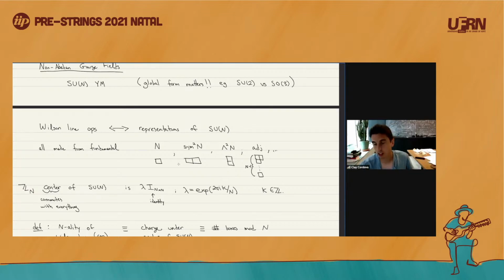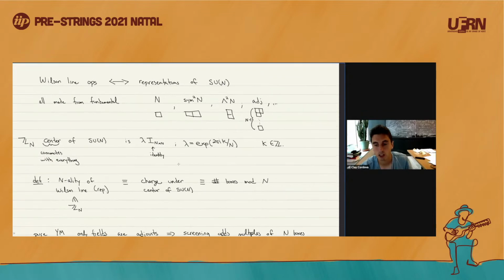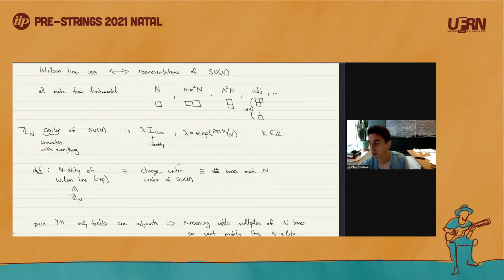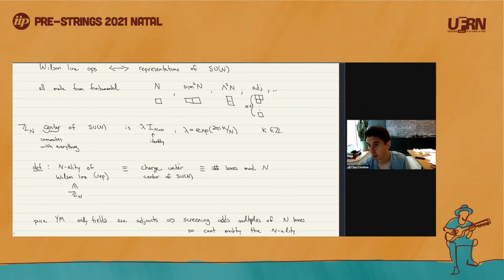And in order to figure out which part is distance independent, we need to figure out what can be screened by the matter that we already have, the charged matter, and that's the gluons. So the gluons are in adjoint representations, so they can screen anything with N-ality zero, because the gluons themselves have N-ality zero.